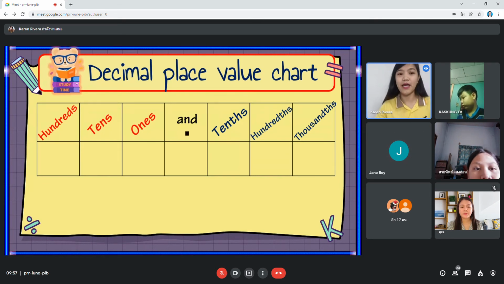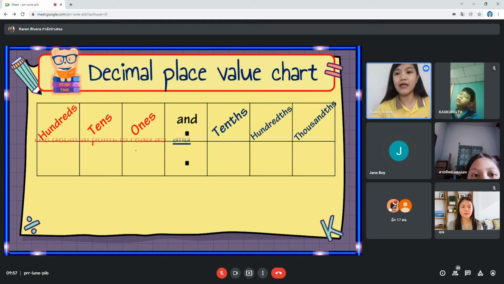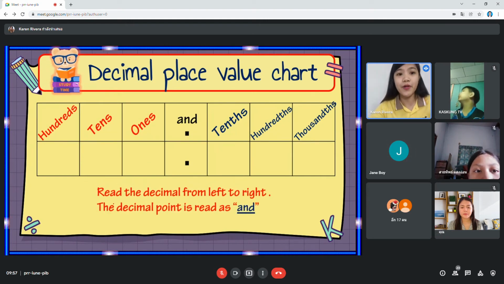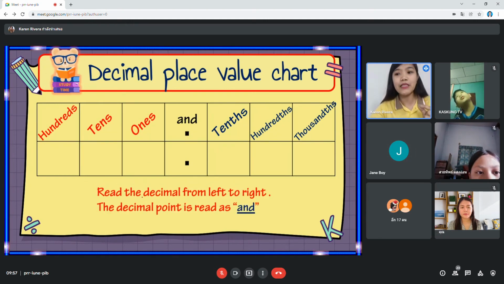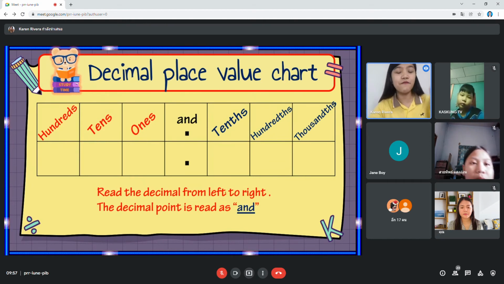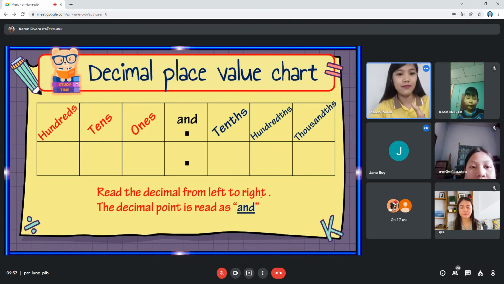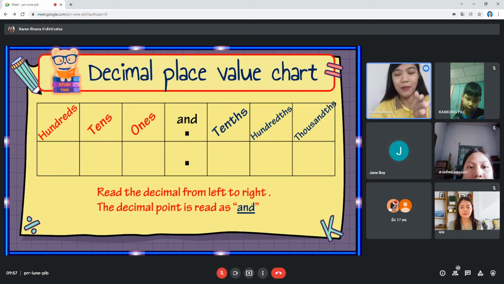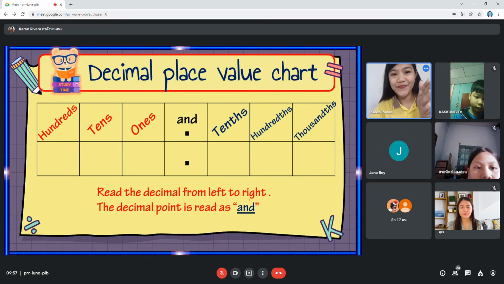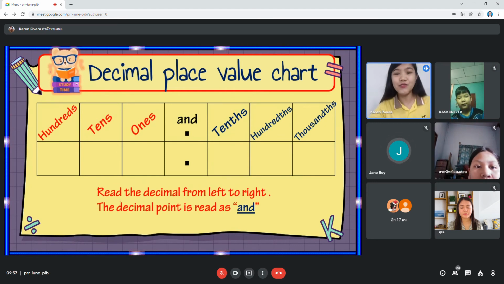Now, again, that and is a point. How will you read the number? As always, read the decimal from left to right. Yes, we will read a number from left to right.